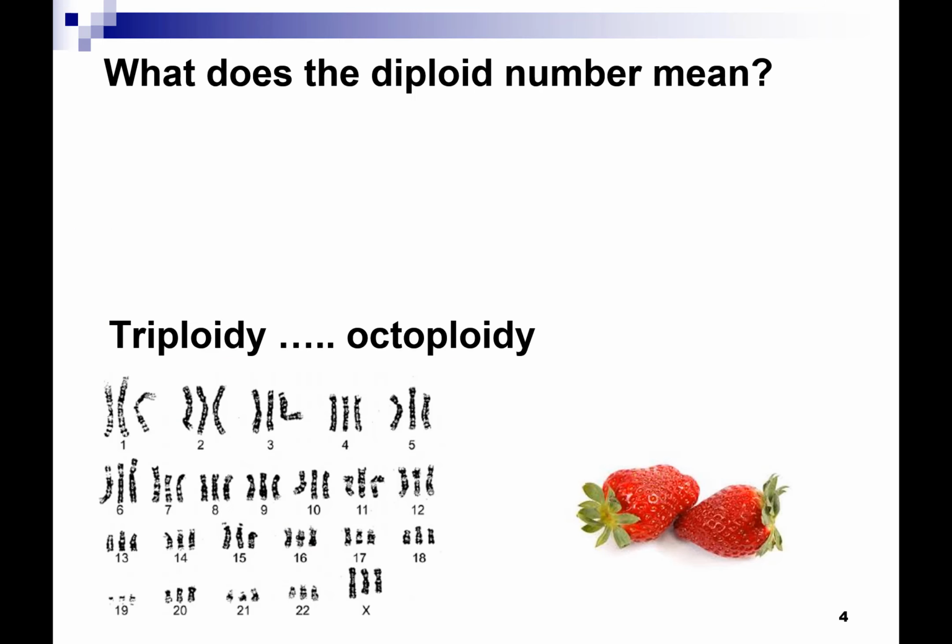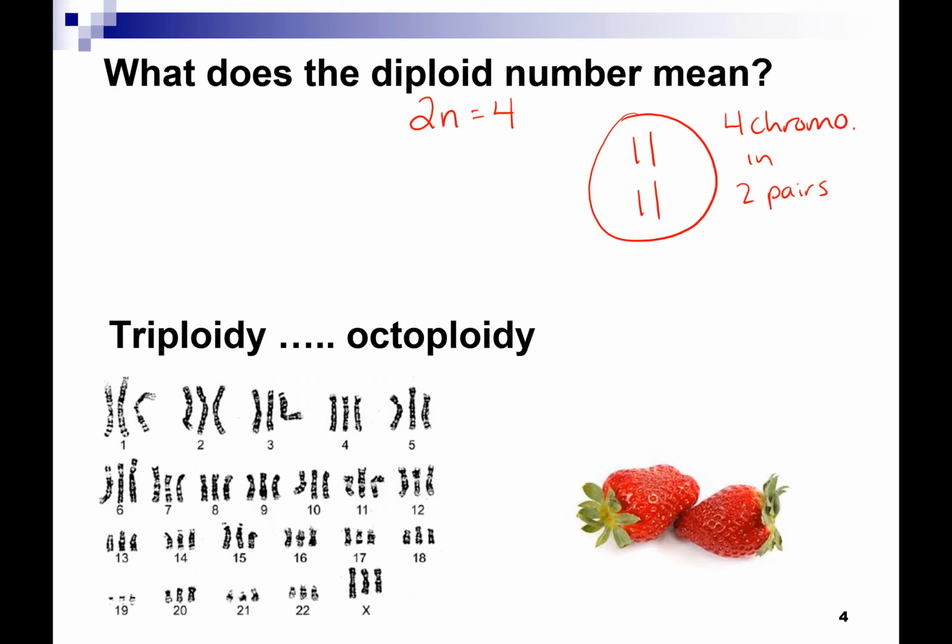You are going to see diploid numbers a lot. So if you see 2n, say, equals 4, you know that that cell has 4 chromosomes in 2 pairs. So you just take this number, divide by 2, and that gives you your pairs.